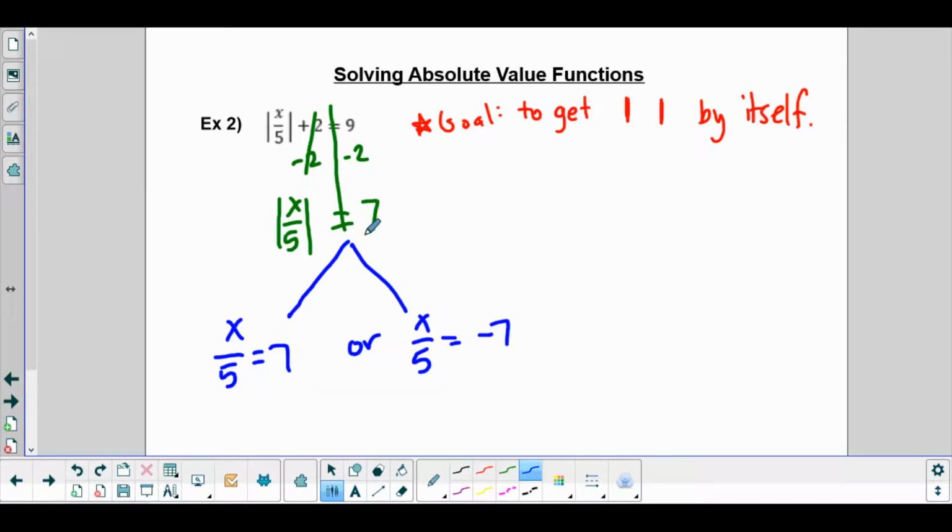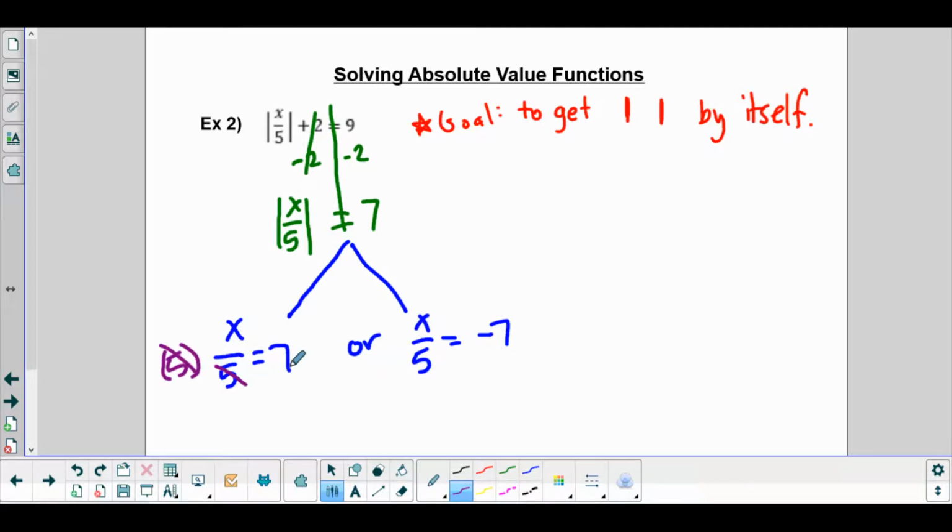Notice the only thing that changed was the number that was on the right. We changed it from positive to negative. Now, how do we solve these? So to solve x divided by 5 equals 7, we want to get rid of the division by 5, so we want to get x by itself. So what's the inverse operation of dividing by 5? Multiplying by 5. So we'll multiply both sides by 5.